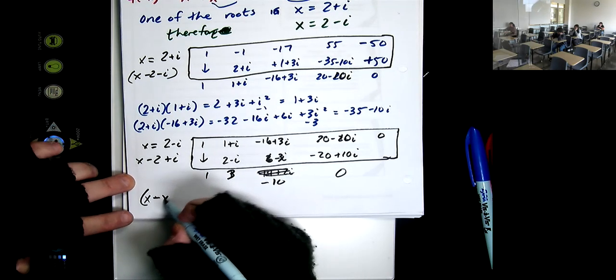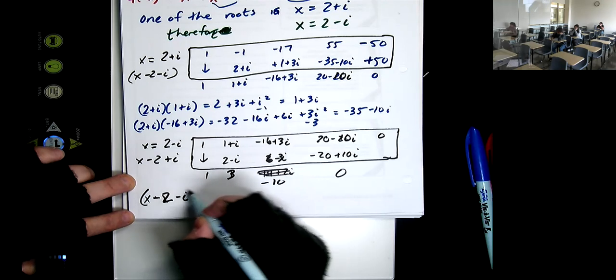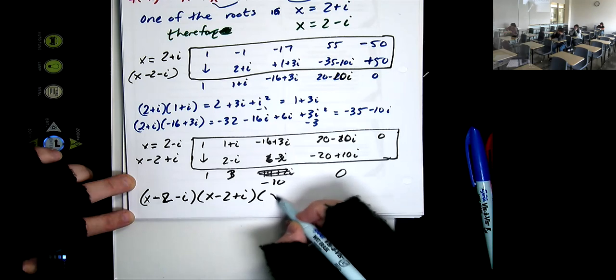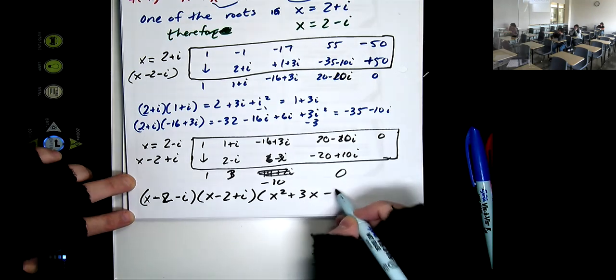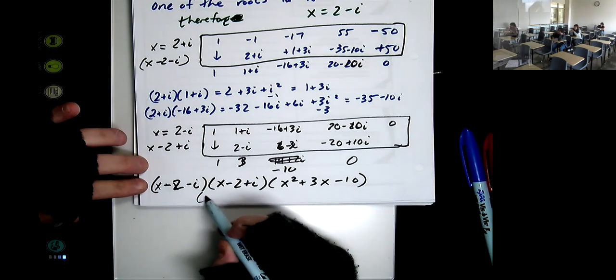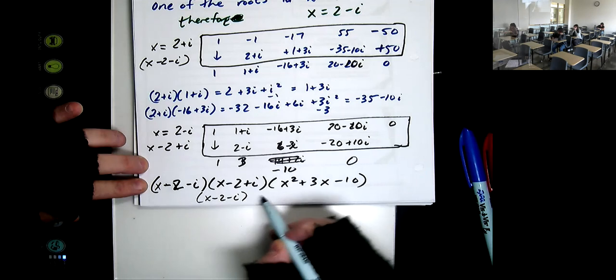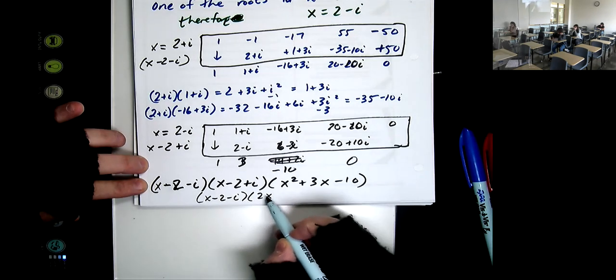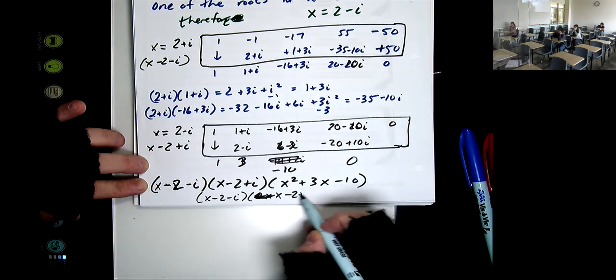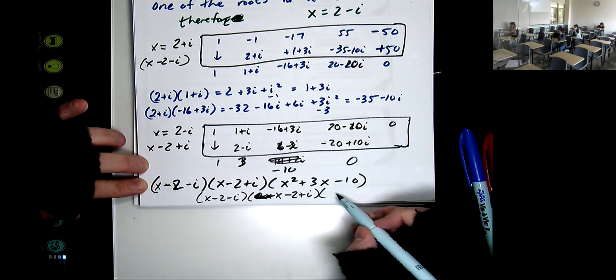So I can write this as a product, and that factors into 5 and -2.